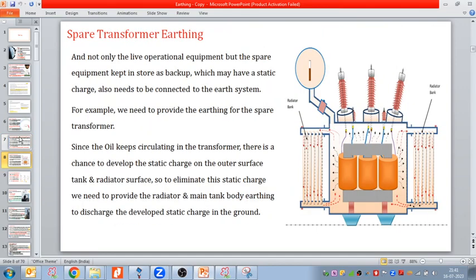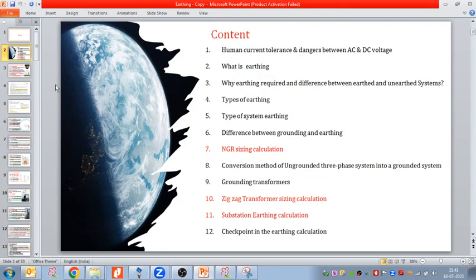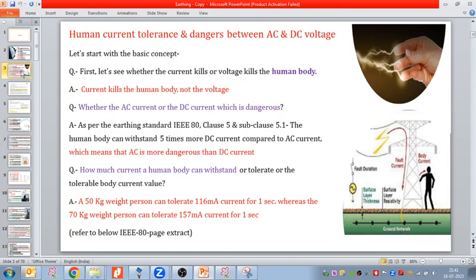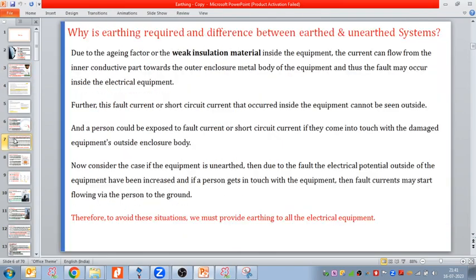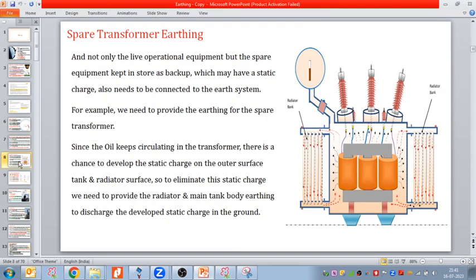Am I clear so far? Yes, sir: AC and DC current, tolerable current, what earthing is and why it is required, and why earthing is required for the spare transformer and the DG oil tank.